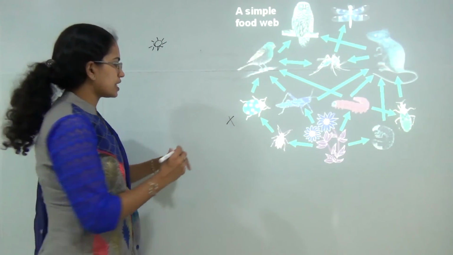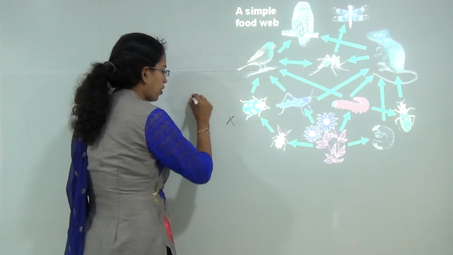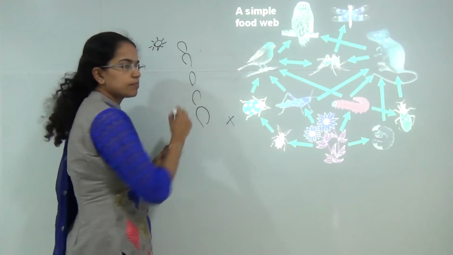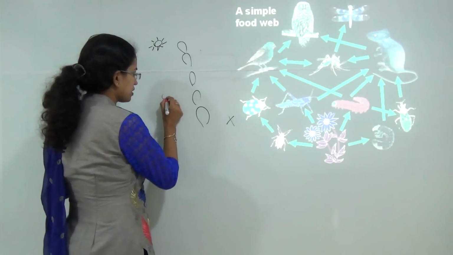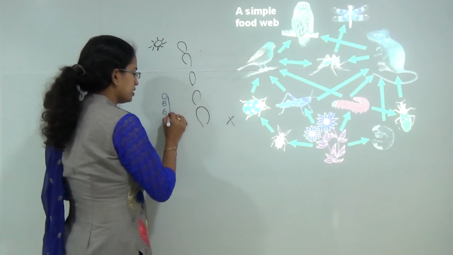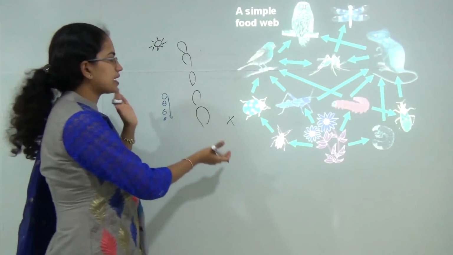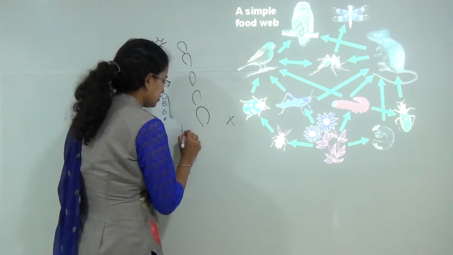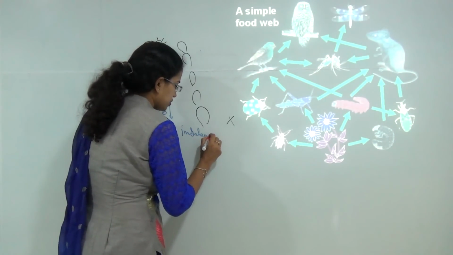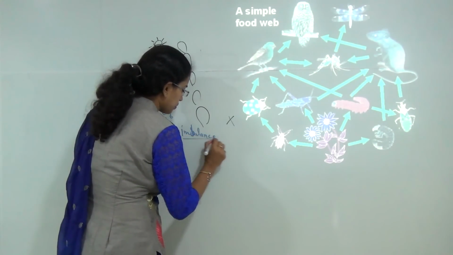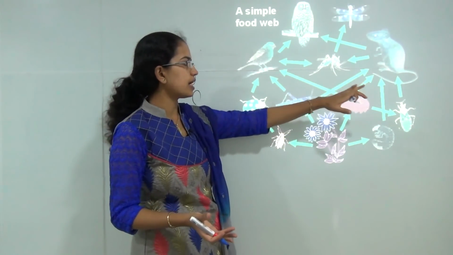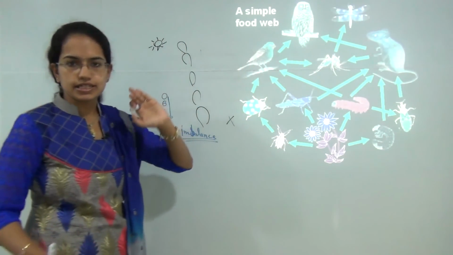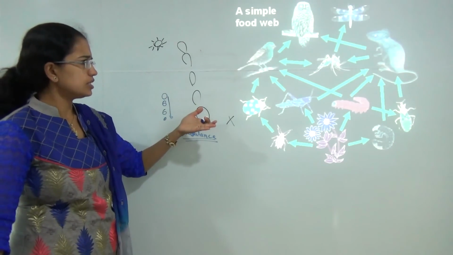If there were no snakes, the population of frogs would bounce up, and if there were so many frogs, what would happen? The population of grasshoppers would decline. So there would be a kind of imbalance in the ecosystem. So it's very important to have a balanced ecosystem, and for a balanced ecosystem there are food chains and food webs that exist in the ecosystem.